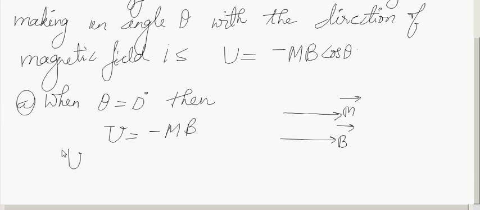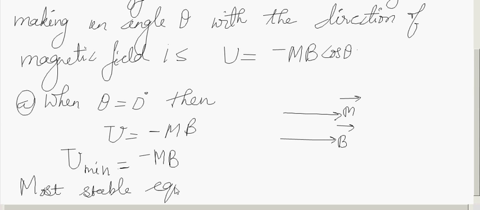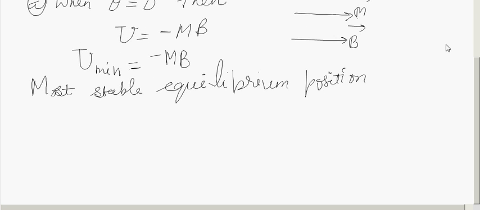So this is U minimum, the minimum potential energy position, or the most stable equilibrium position. That is the case when the bar magnet is placed in such a way that the magnetic moment makes an angle 0 with the magnetic field, or the magnetic moment is along the direction of the external magnetic field.